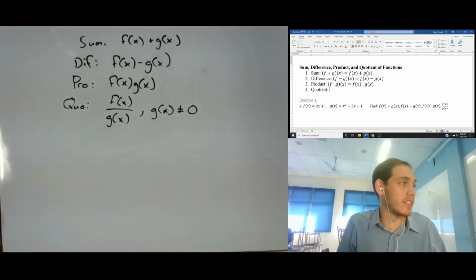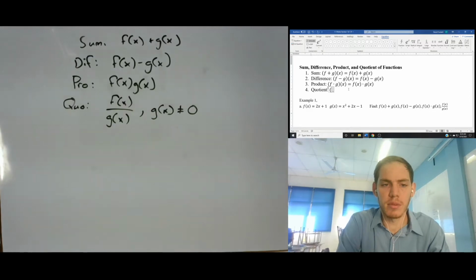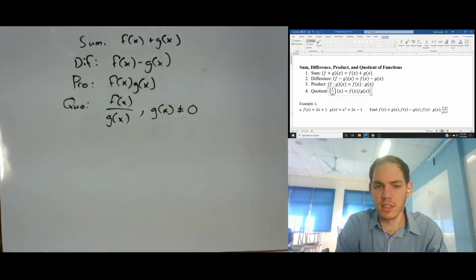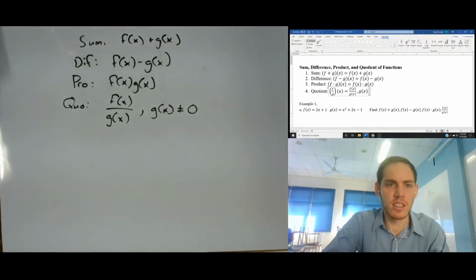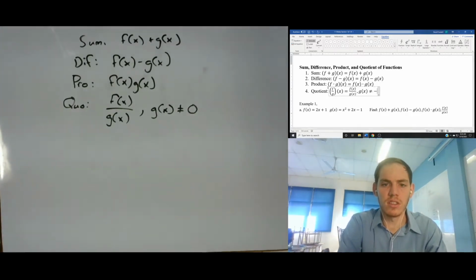You can't have g of x equal 0, so this is, in parentheses, f divided by g of x equals f of x divided by g of x, where g of x is not equal to 0.